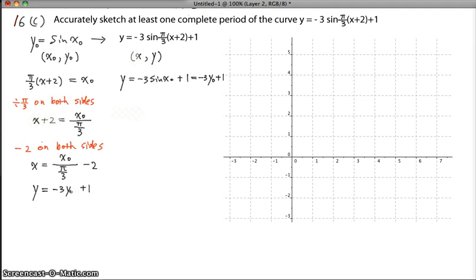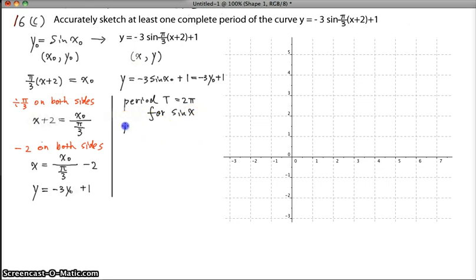So then you can tell, the original period is the period T equals 2 pi for sine x, right?